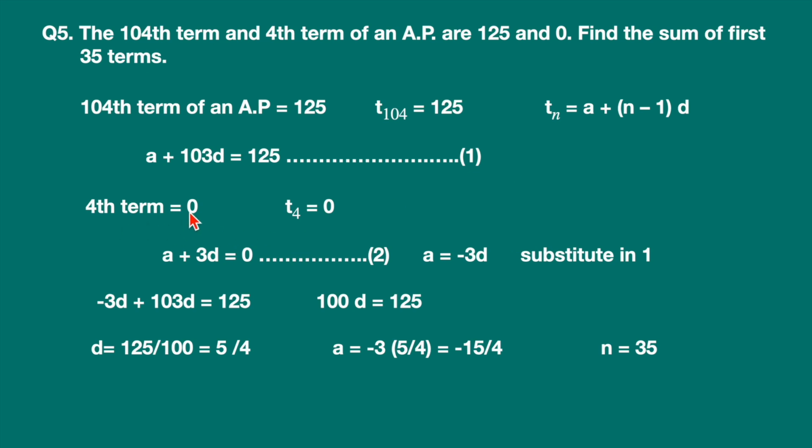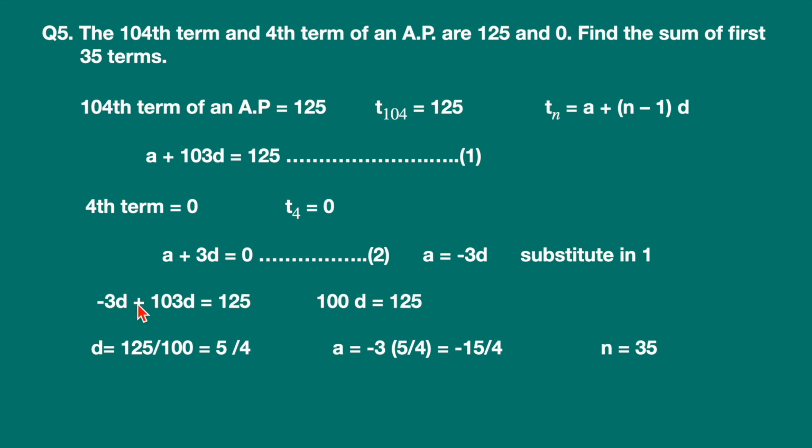Second equation, T4 is equal to 0 they have given. So here again in this general equation, write down 0 is equal to A plus 4 minus 1, so 3D. A plus 3D is equal to 0. So from this you get A is equal to minus 3D.